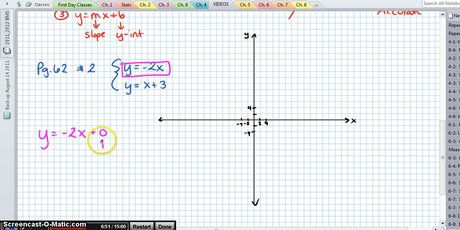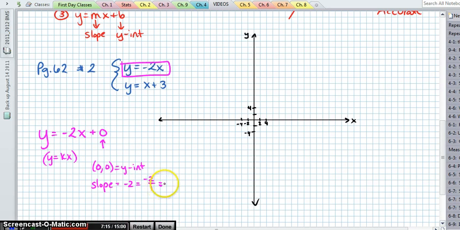The only piece it does not have is the plus b, because this is in fact direct variation, y equals kx. So I can write the plus 0 in if I would like and say, hey, I know that this goes through the origin, so that's the y-intercept, 0, 0. And I know that my slope is negative 2, or I can say negative 2 over 1.